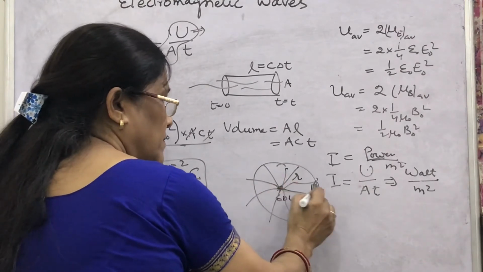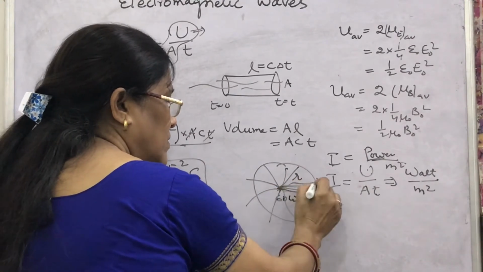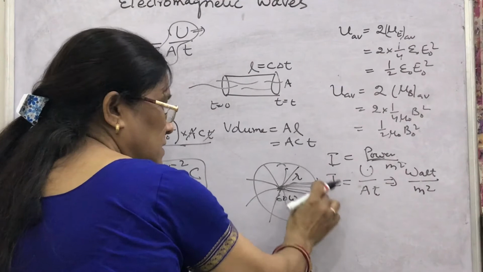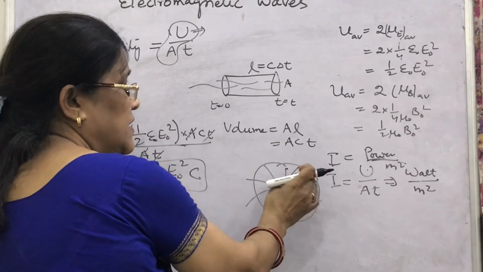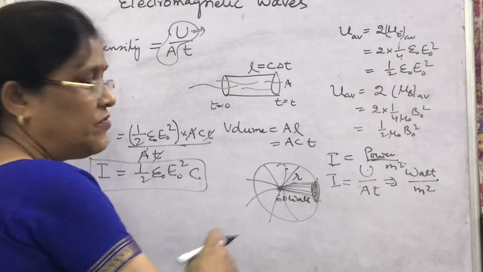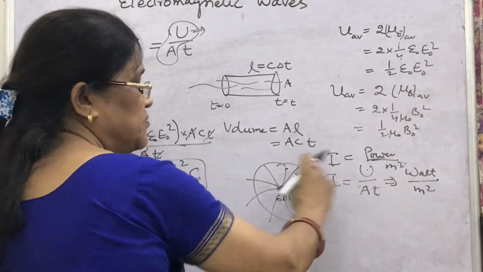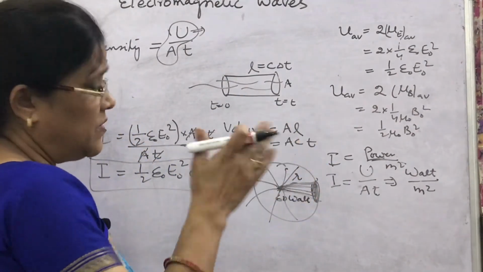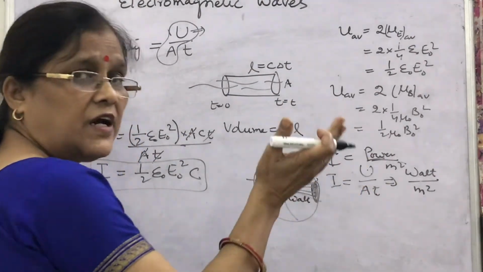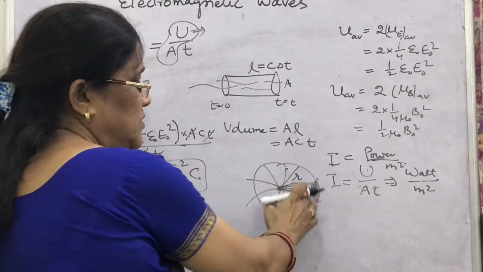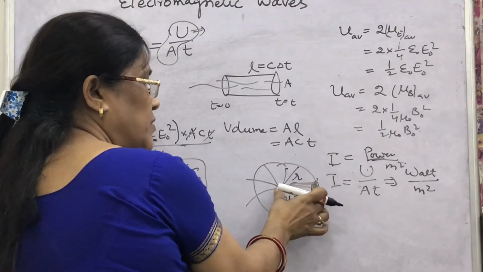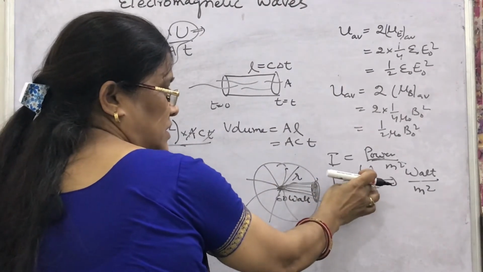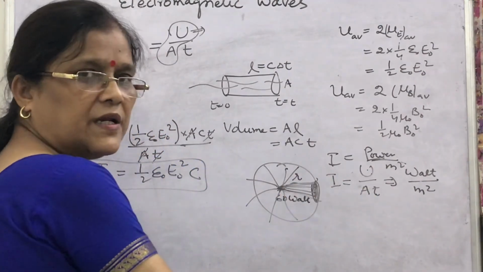So the light rays will fall on this area. In some numericals it is written as flux. Flux means the number of lines passing through, falling on an area normal to it. So flux means you are talking about intensity, this energy per unit area per second.